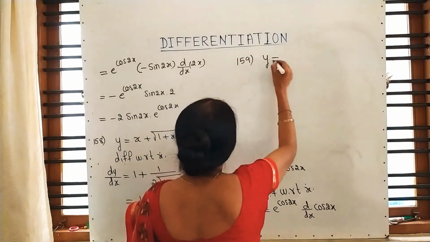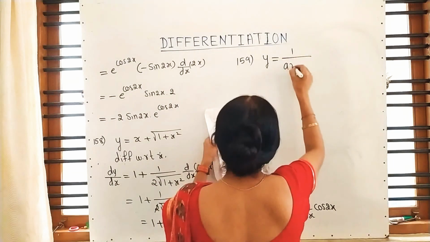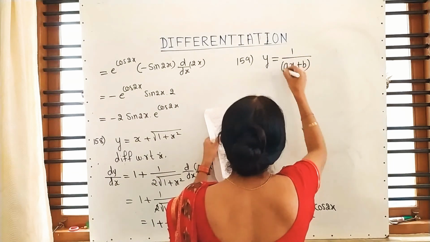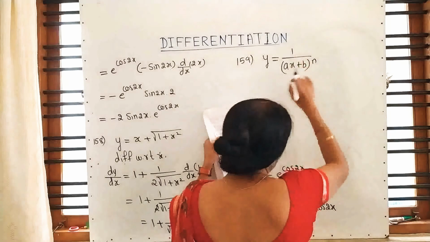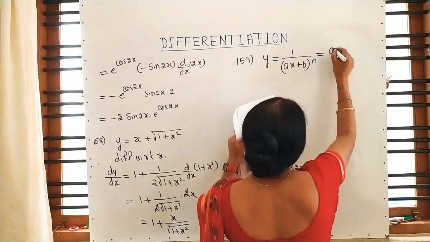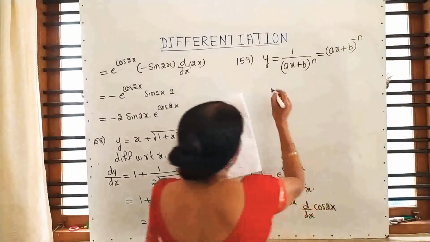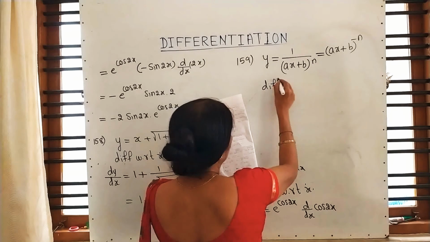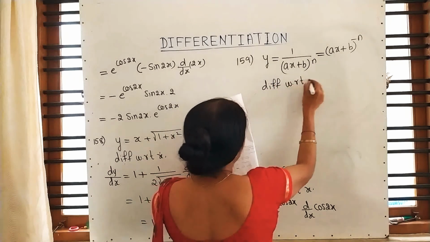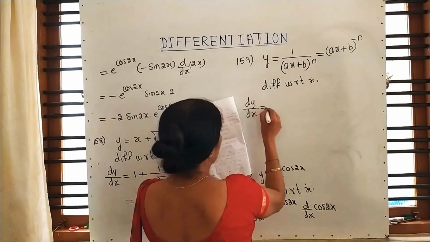159. y is equal to 1 upon ax plus b whole raised to n. See, in the numerator we don't have x, in the denominator it is like this. So can we write like this? Raised to minus n. It goes in the numerator. Differentiating with respect to x. First power.